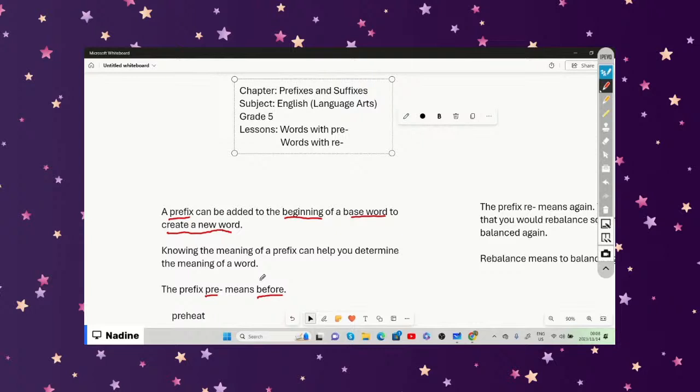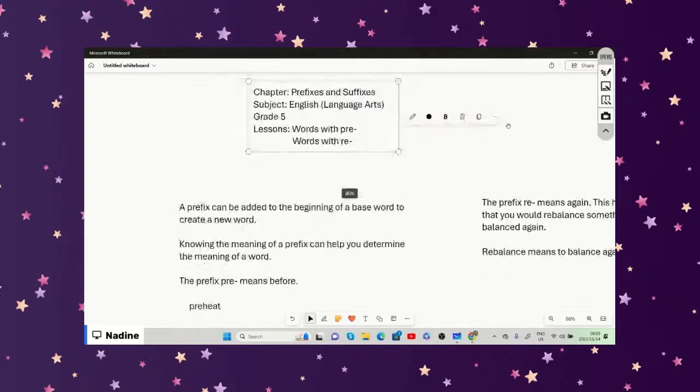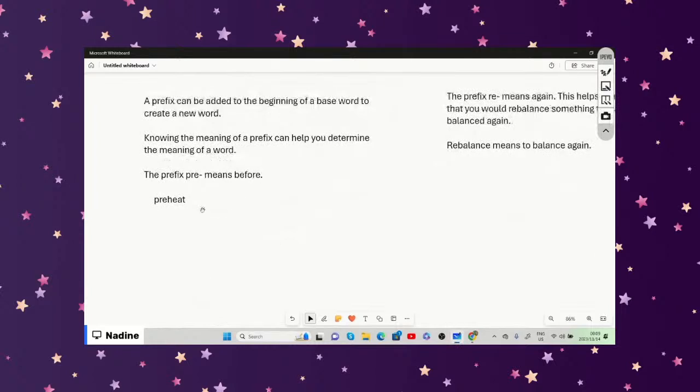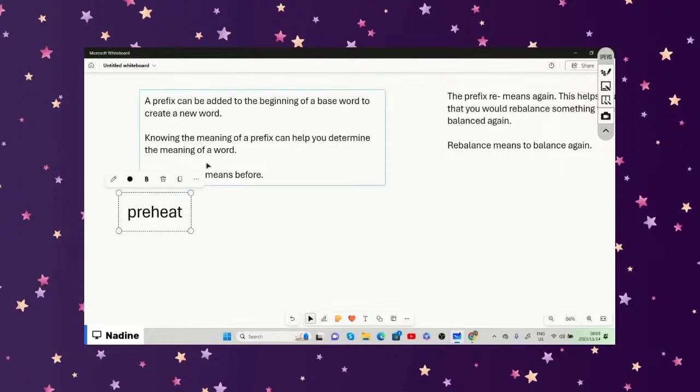Before we continue, can you think of words starting with pre? One of the words that I have that starts with pre is preheat. This word is usually used when you are doing a recipe, where they would say preheat oven to.